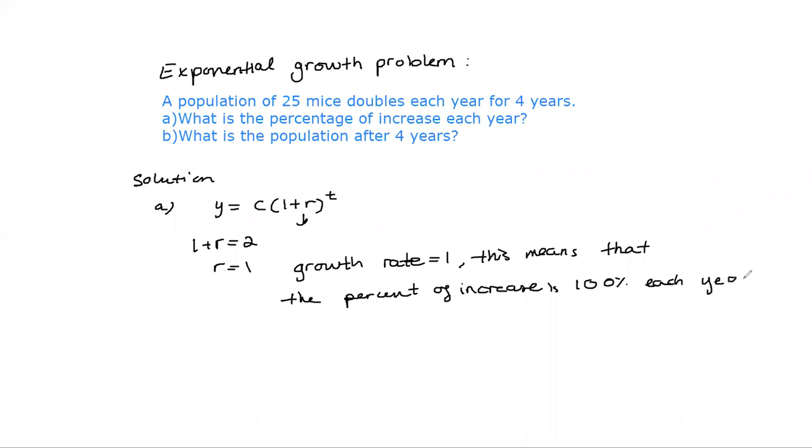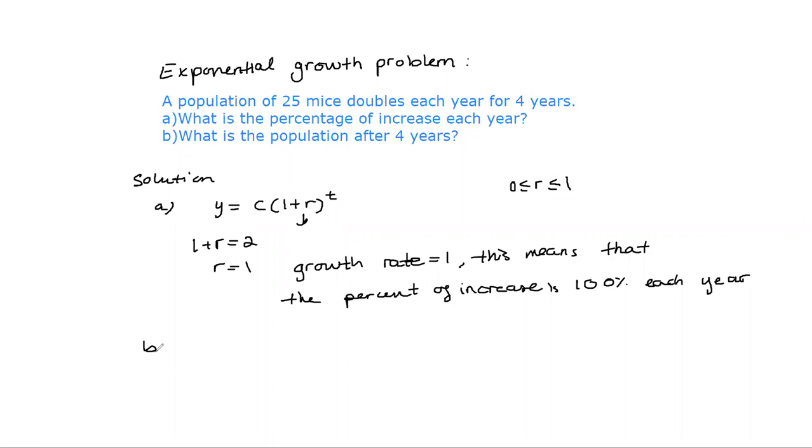Because we know that r is between 0 and 1, okay? So always r is always between 0 and 1. Okay, so if r is equal to 1, then we understand that the growth rate will be at 100%. Okay, so that solves A.